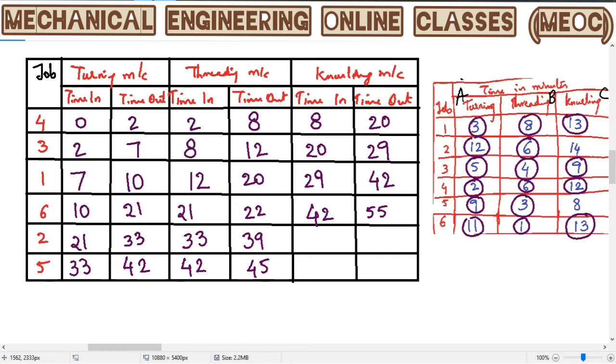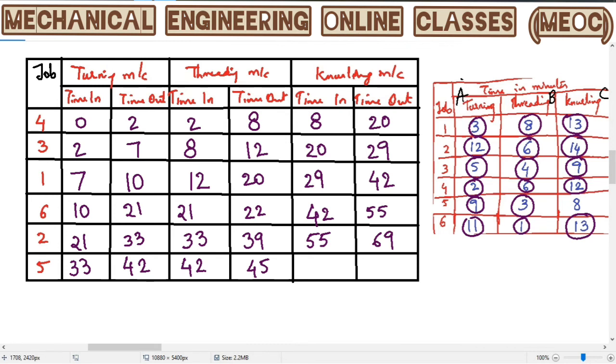Now similarly, job 2 should go to the knurling machine. It is ready in the 39th minute itself, but the knurling machine is not ready. It will be ready only in the 55th minute. So job 2 will go to the knurling machine in the 55th minute. How much time does that require? 14. So 55 plus 14 is 69.